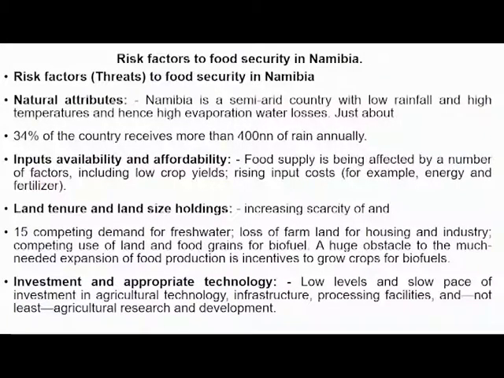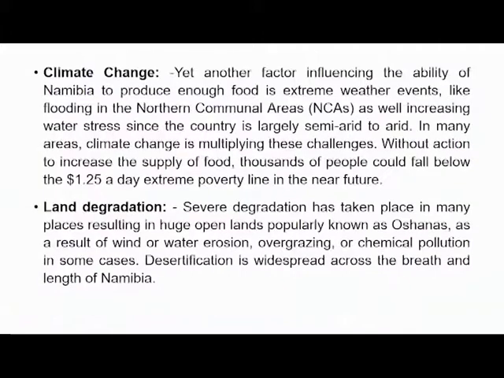Apart from that, we also have other factors. Climate change is another one, because a lot of the time, changes in climate have an influence on food security in Namibia. Then also land degradation, and here we are referring to severe degradation that has taken place in many places, resulting in huge open lands popularly known as oshanas, as a result of wind or water erosion, overgrazing, or chemical pollution in some cases.